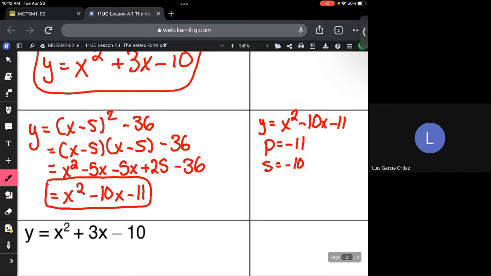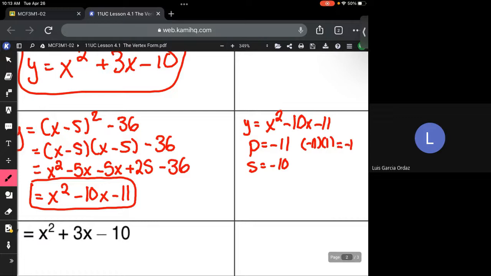11 and 1. Okay, so which one's going to be negative, Emma? It's the 11. Negative 11 times 1 gives me negative 11, which is what we want, and negative 11 plus 1 gives me negative 10.